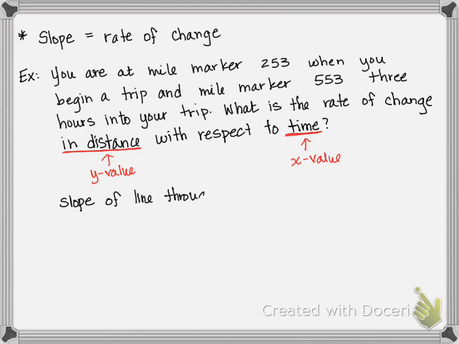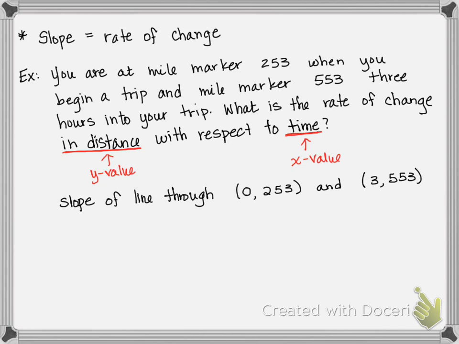Through, well, we've got 2 points here. When we begin the trip, our time is 0, and that corresponds to mile marker 253. So that's our location. And then 3 hours into our trip, we're at mile marker 553.